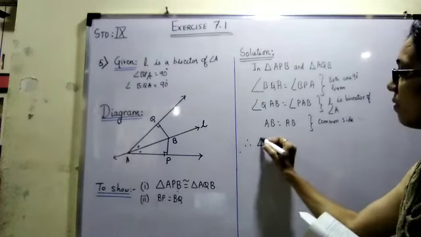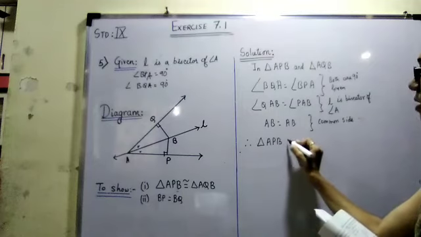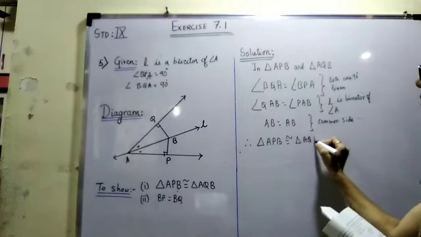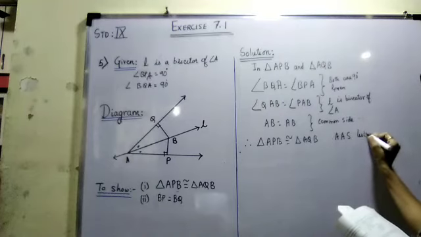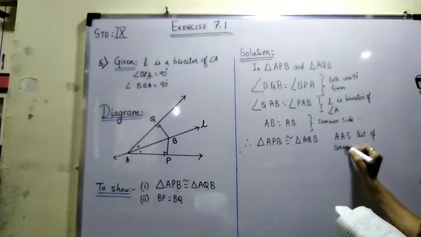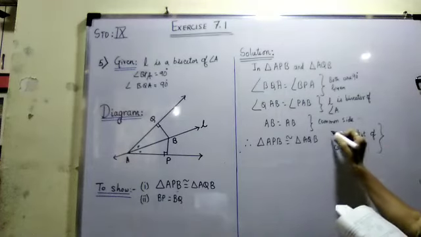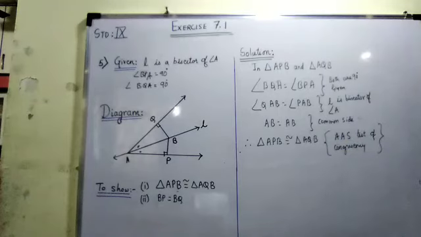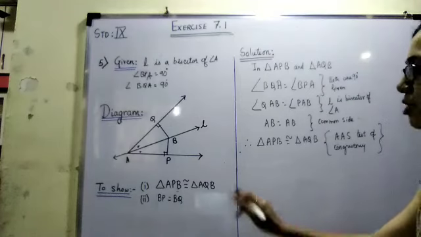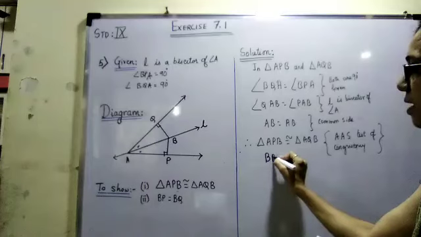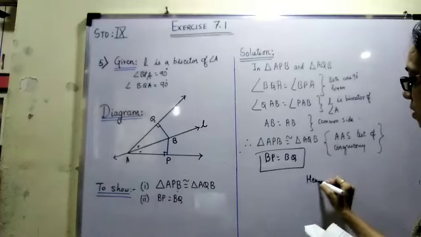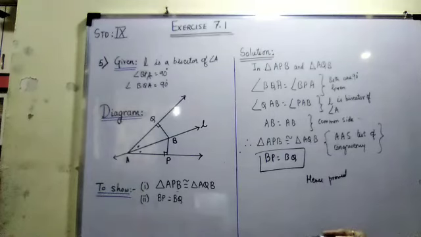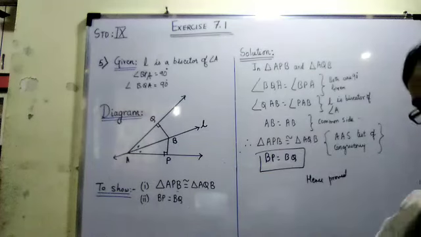Hence, we can write down triangle APB is congruent to triangle AQB by angle side test of congruency. Now with this, what can we write down? Property of congruent triangles is that corresponding sides are congruent. So it implies which is the remaining corresponding side? BP is equal to BQ. Hence, we have proved. What we have proved? That point B is equidistant from both the arms.